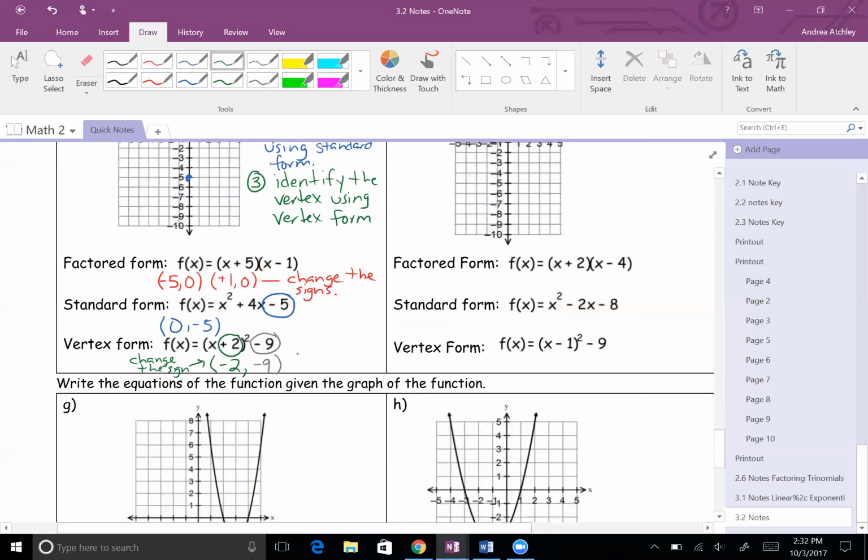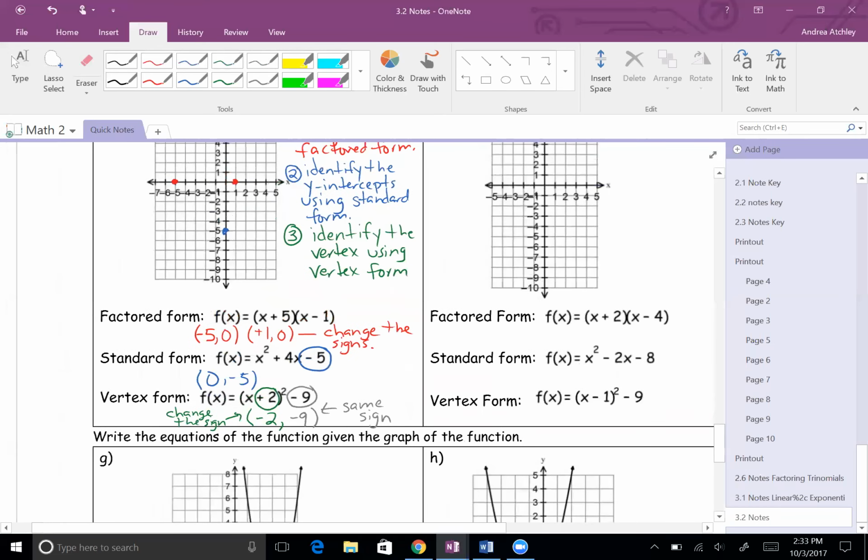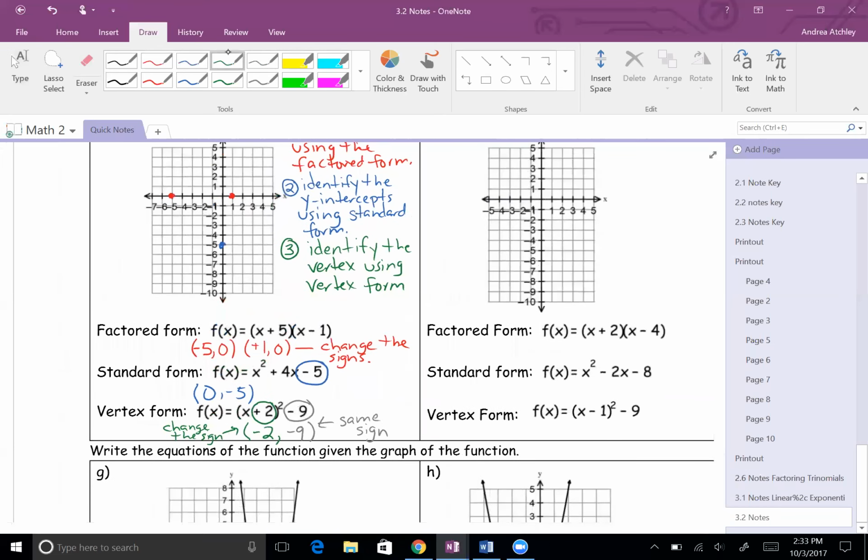With the y value, I do not change the sign. This is the same sign. So here I'm going to graph where x is -2 and y is -9.